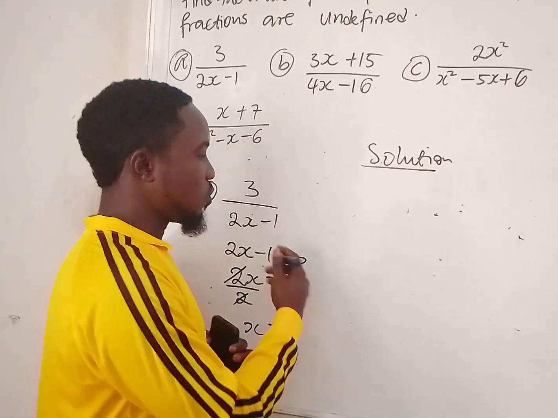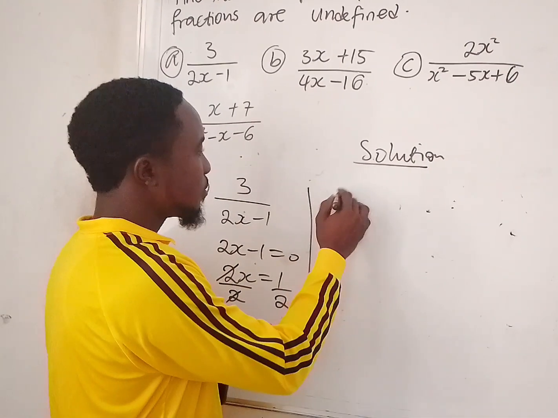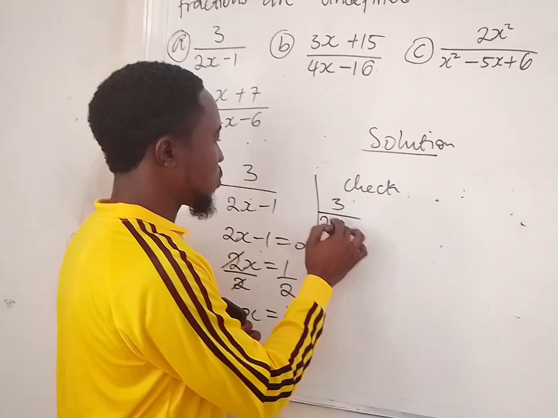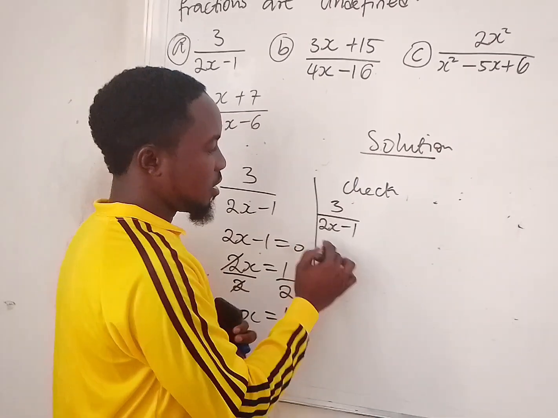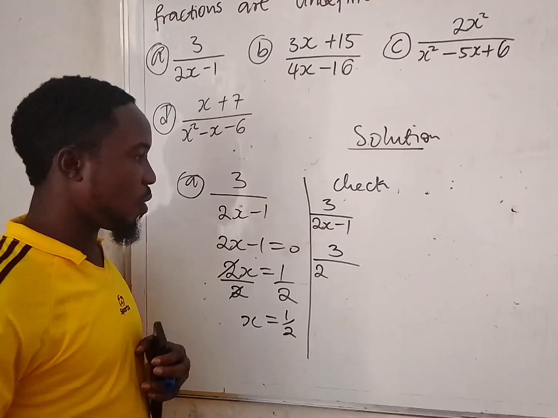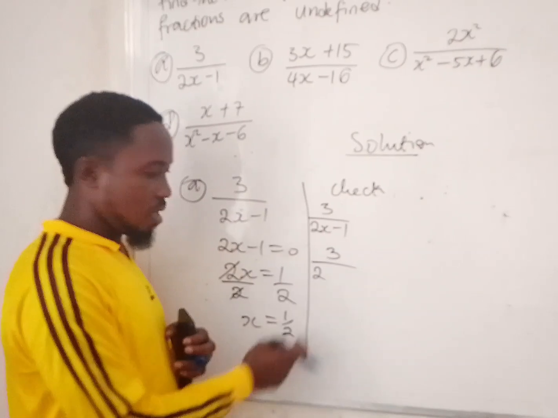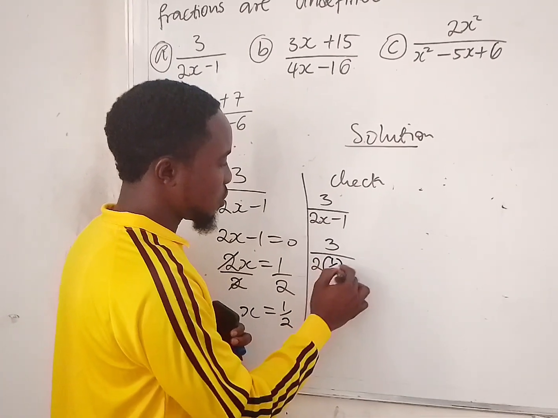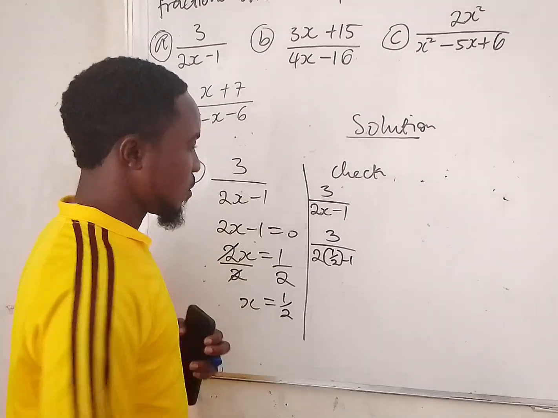Let's run a quick check to verify what we've said. Check. We have 3 over 2x minus 1. This is the same thing as saying 3 over 2 times the value of x, which is 1 over 2, close bracket, minus 1.